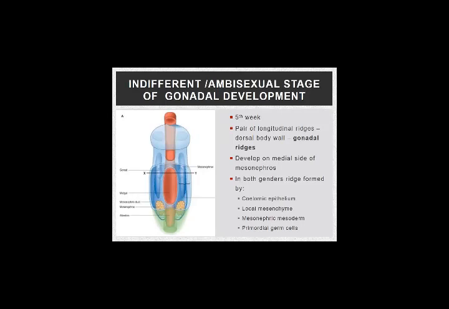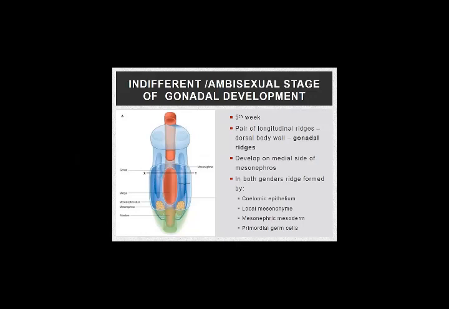They are the gonads. But as yet it is not clear whether it develops into testis or ovary, even though the genetic sex is already determined. Whether it's going to be a boy or a girl is determined genetically. But the genital ducts have still not developed.